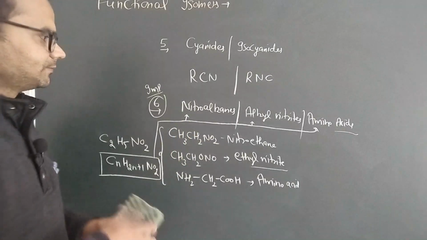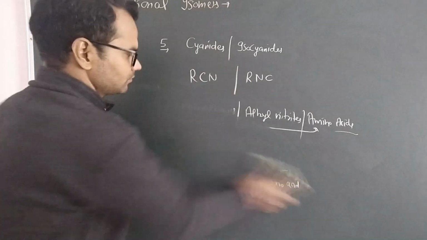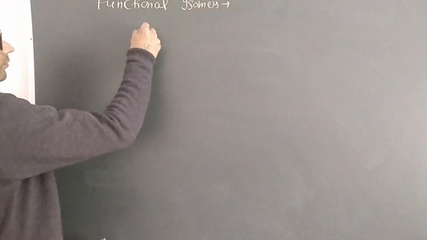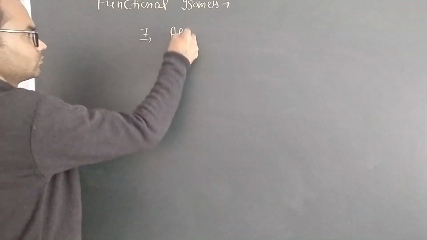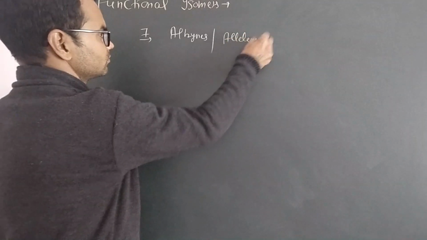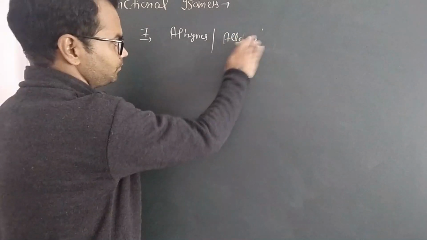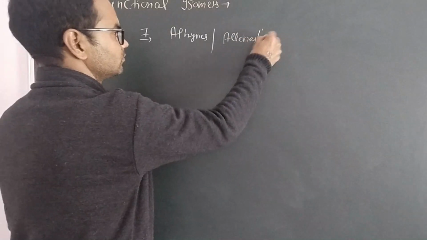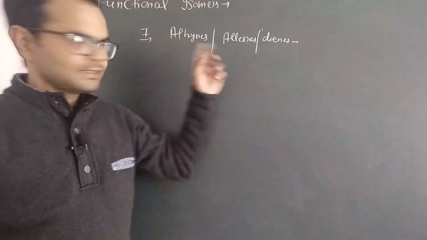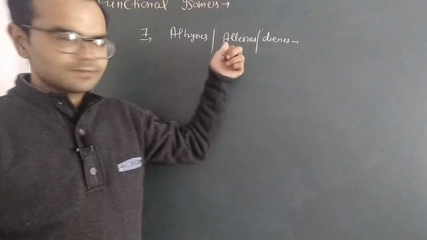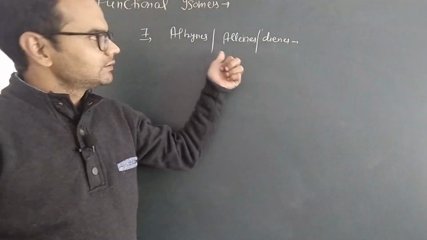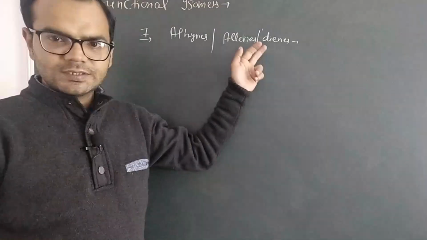Now set number 7 is alkynes, allenes, and dienes. Allenes means 2 consecutive double bonds are there, those compounds are called allenes, and in dienes 2 double bonds are present.